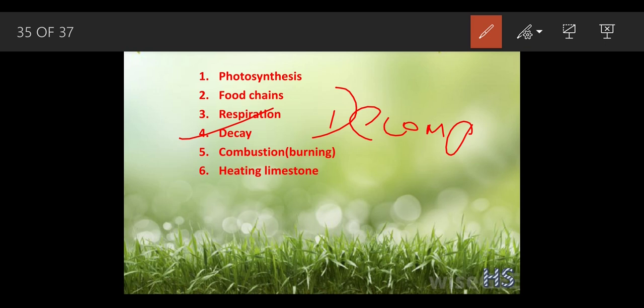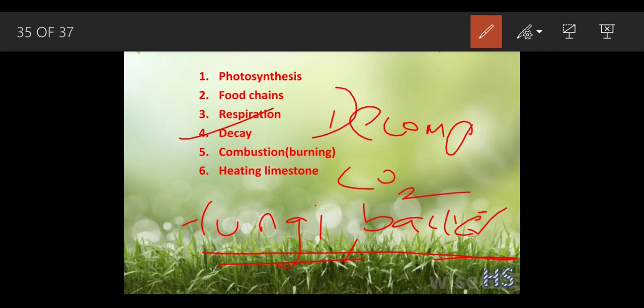In this process, the fungi and bacteria release carbon dioxide. When they eat the remains of plants and animals, the food that enters into their body, they release in the form of carbon dioxide.